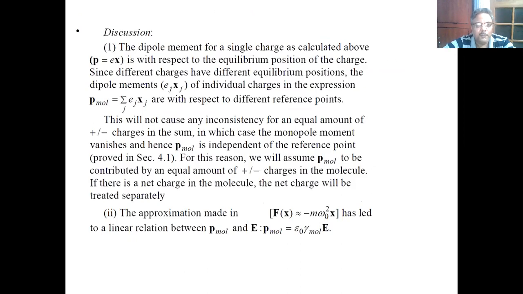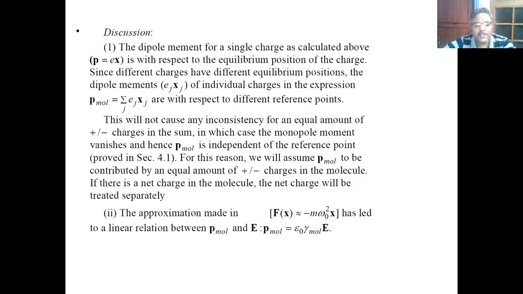The dipole moment for a single charge as calculated above is with respect to the equilibrium position of the charge. Since different charges have different equilibrium positions, the dipole moments of individual charges in the expression are with respect to different reference points. Here we have taken the reference point as x equal to x0.